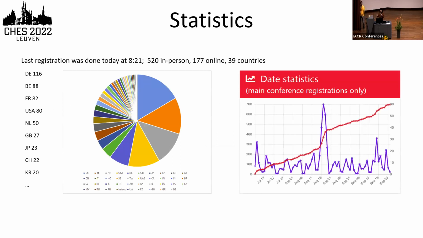A bit of statistics, we like statistics. So we had today the last registrations. We had 520 in-person registrations in the system, 177 online, from 39 countries. This is the chart with all the countries. Of course, we cannot see all of them, but the first numbers you can see on the left side. Germany is the winner again.